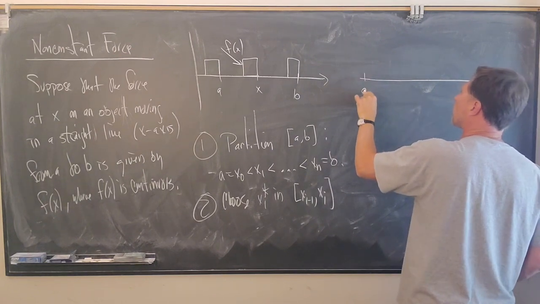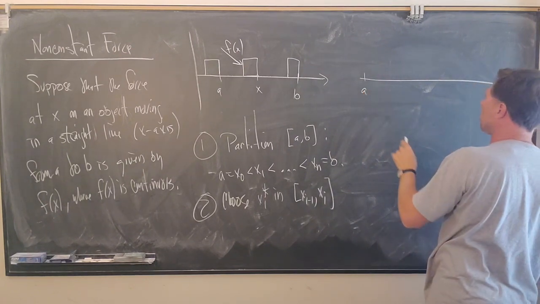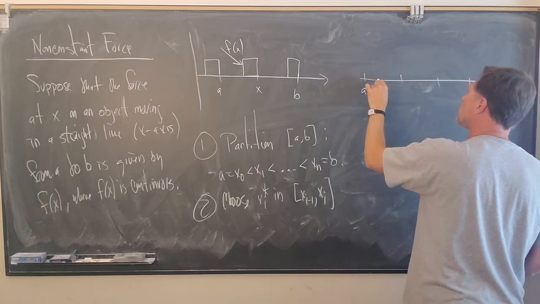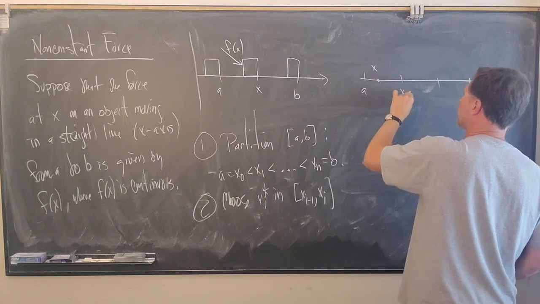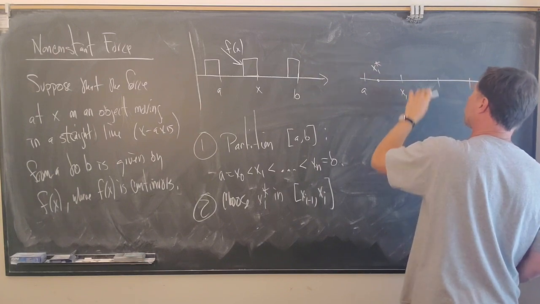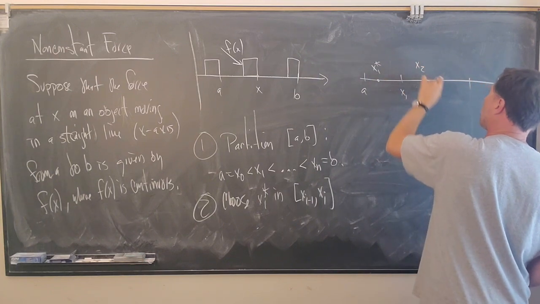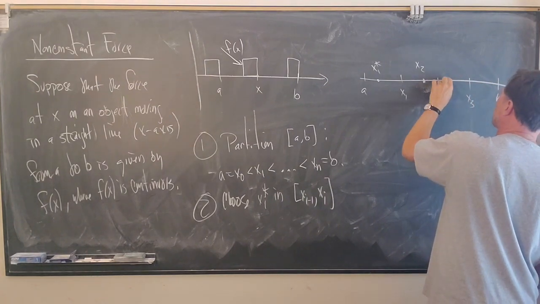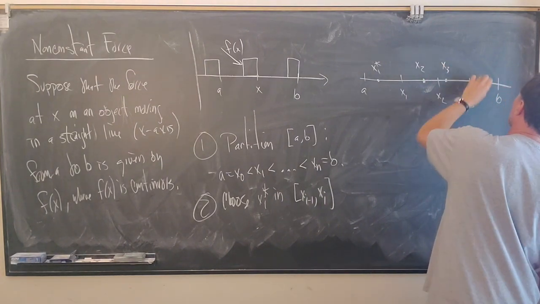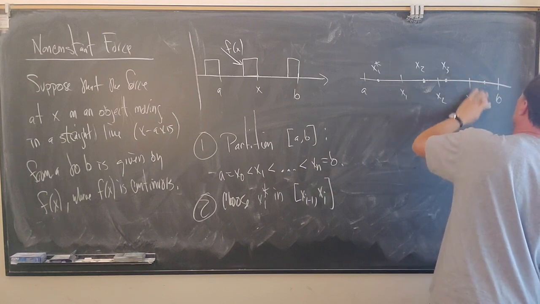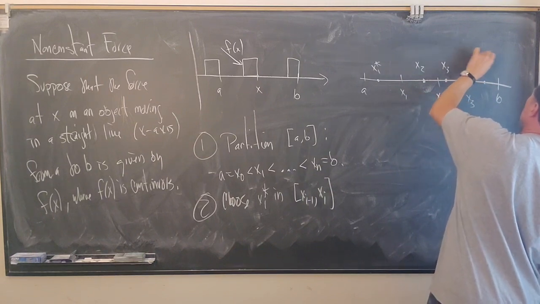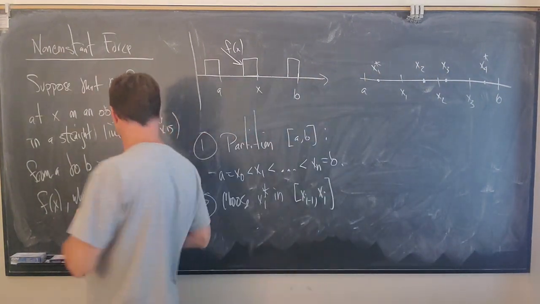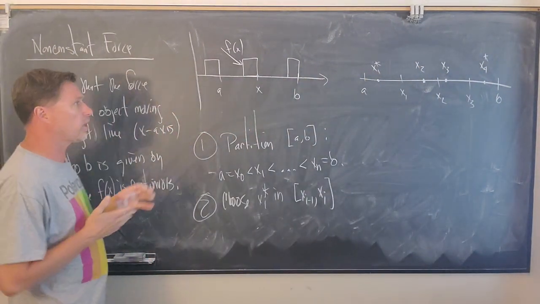So here's A, here's B. We've chopped our interval up into some pieces. We've chosen a point, so this would be x1 star right there, maybe x2 star is here, x3 star, it doesn't matter where we choose it. Oh, so there would be an x4 star.